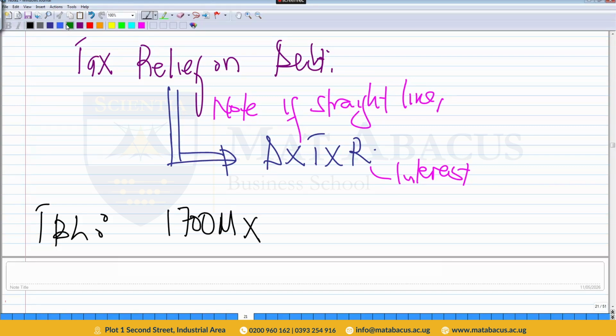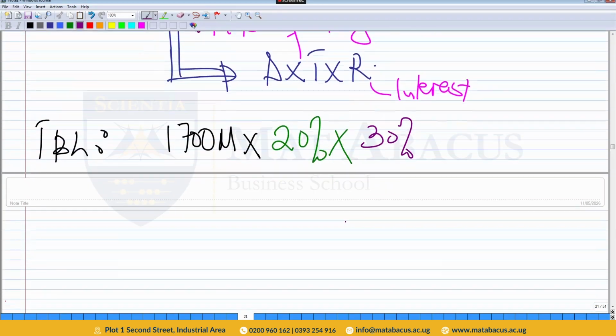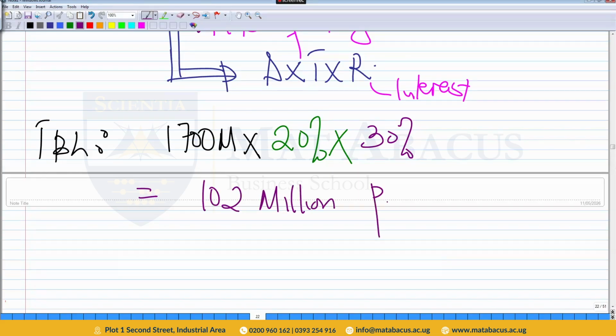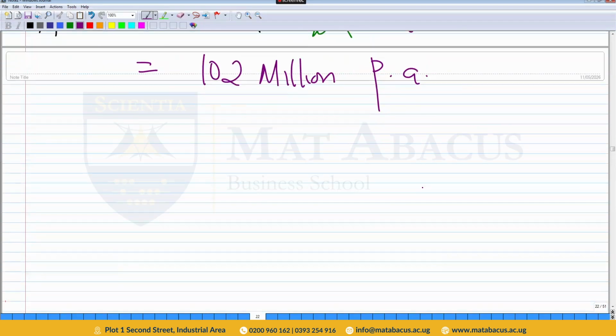The interest expense is 20%, and the tax relief is going to be 30%. And when I work out that, I use DTR. When I work out that, I will be able to get a tax relief of 102 million. And this is per annum. But you have to get the present value.